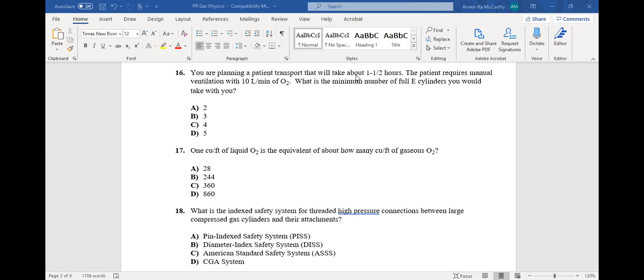All right. Number 18. What is the index safety system for threaded high pressure connections between large cylinders and the attachments? What's the name of that safety system? For the large tanks.